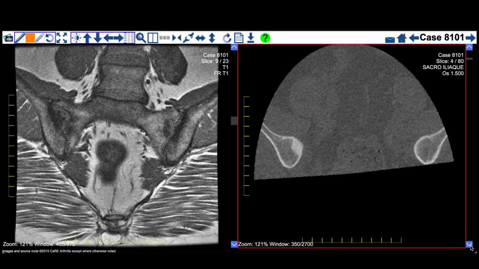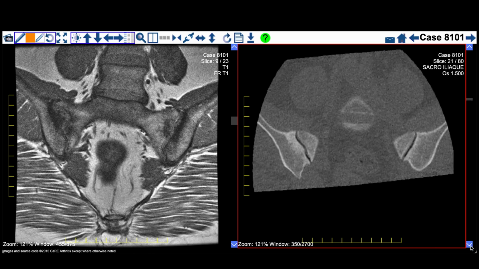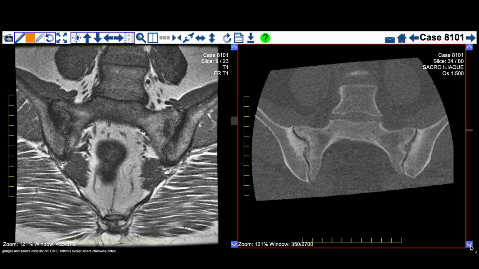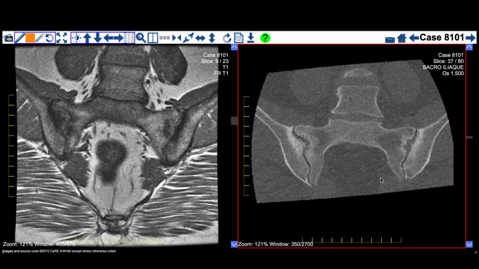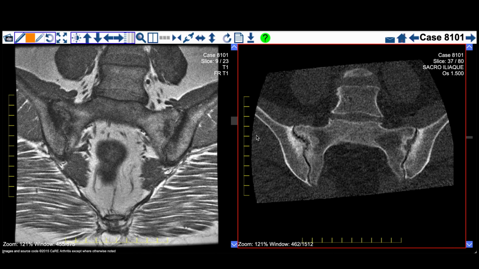And we're going to get the CT scan in the same orientation and approximately the same slice as the MRI scan. And we can optimize the DICOM CT scan image, just like we do the MRI scan.